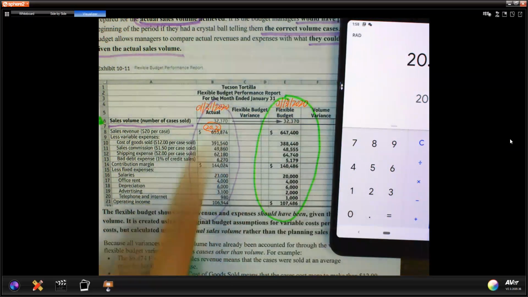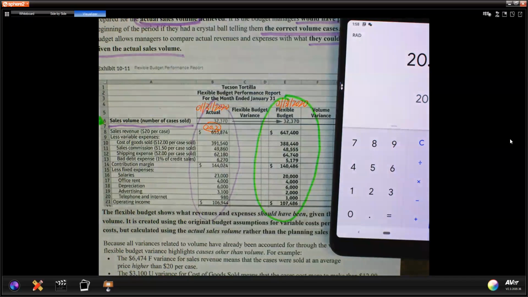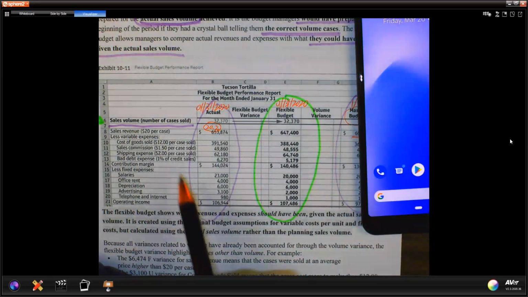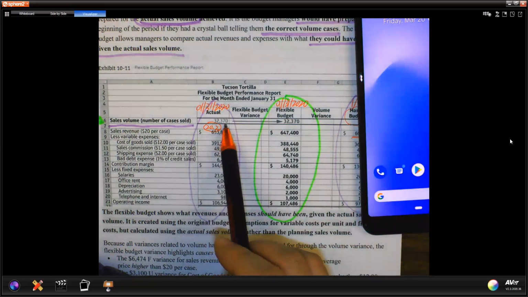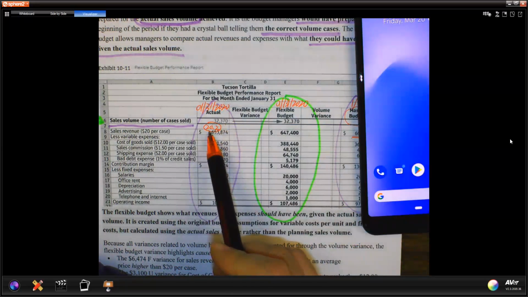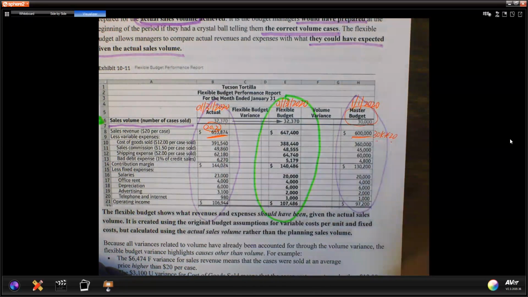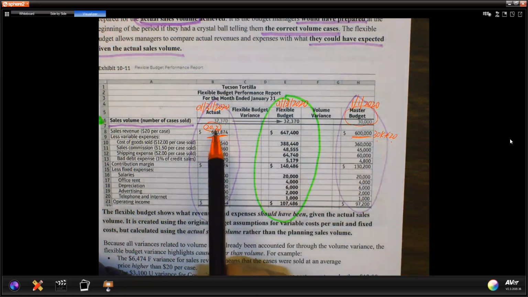So your actual selling price is $20.2. So remember this one. Your actual unit is this unit. Each selling price is $20.2, and you get your sales revenue. So your actual is actual units times actual selling price.